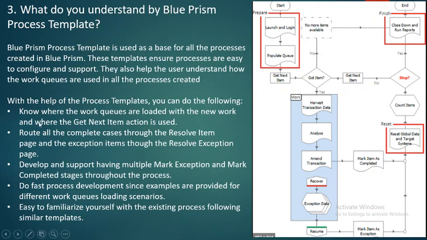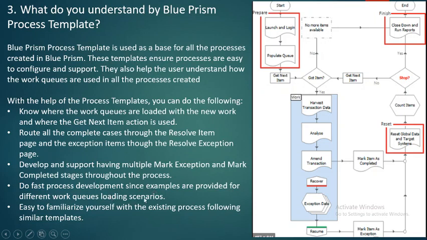It is very helpful because you can know where the work queues are loaded with the new work, and where the get next item action is used. It will also route all the completed cases through the resolved items page, and the exception items through the resolved exception page. Development support having multiple mark exception and mark completed stages throughout the process.